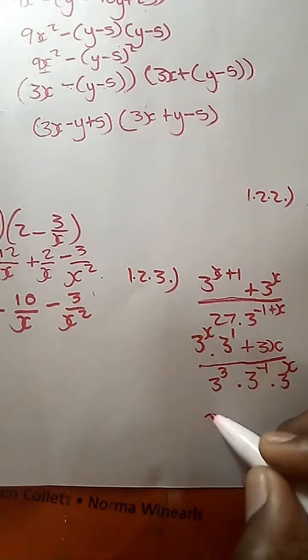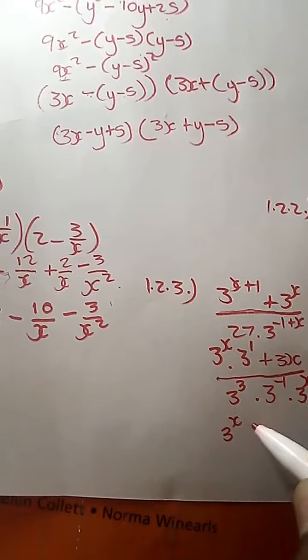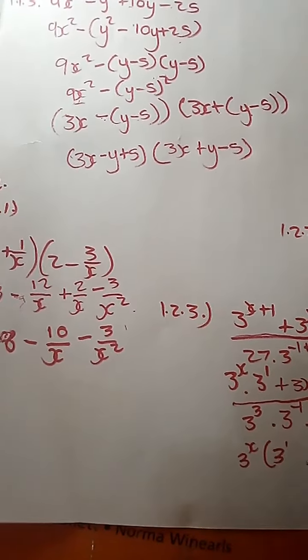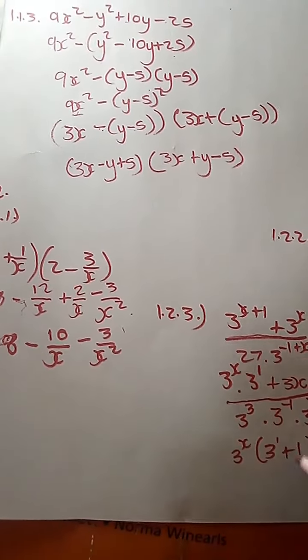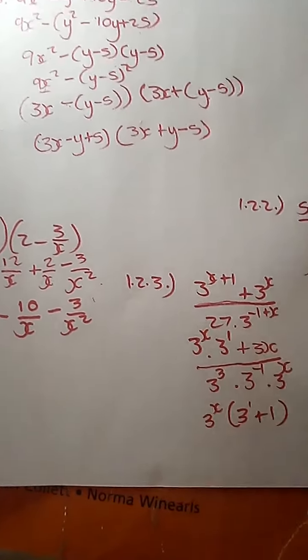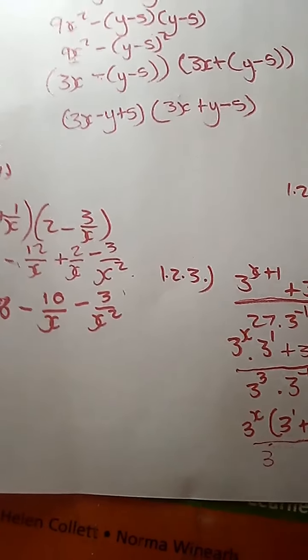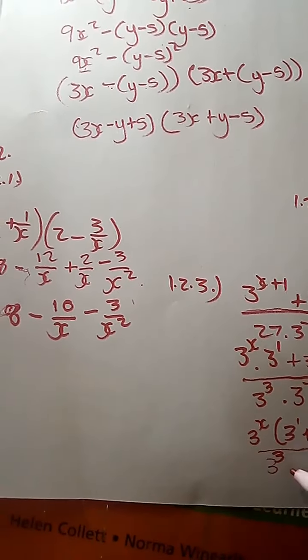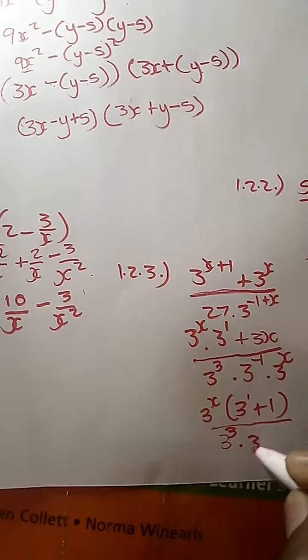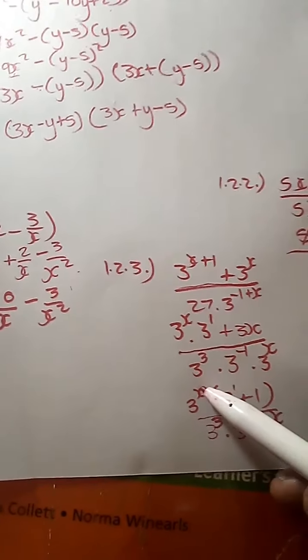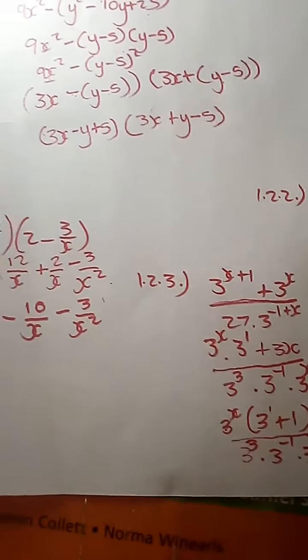So it's going to be 3 to the power x into 3 to the power 1 plus 1, because this will be taken out, all over 3 to the power 3 multiplied by 3 to the power negative 1 multiplied by 3 to the power x. Now as you can see, this will be cancelled with this.